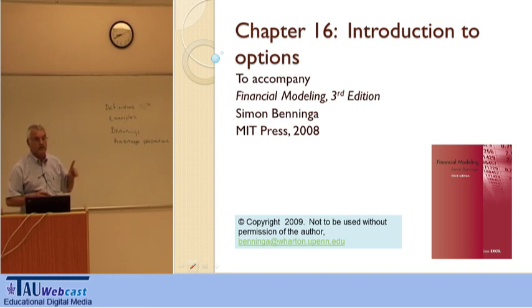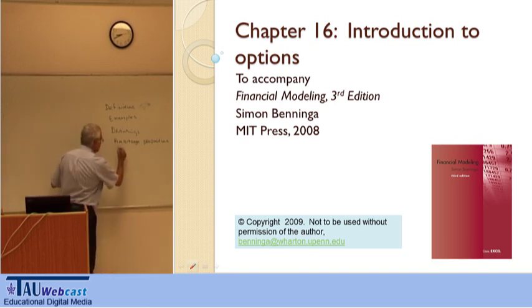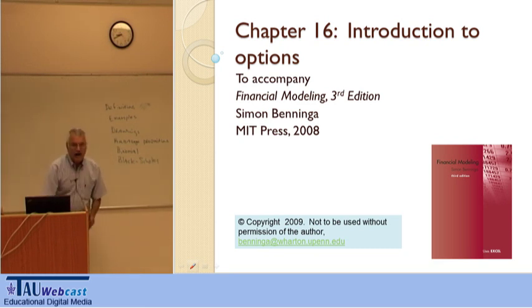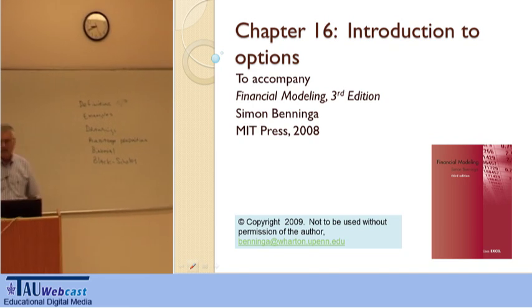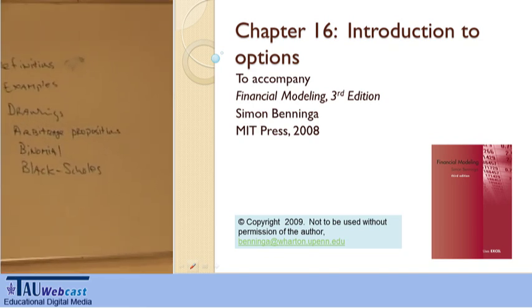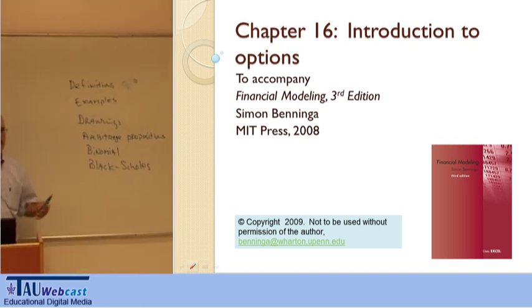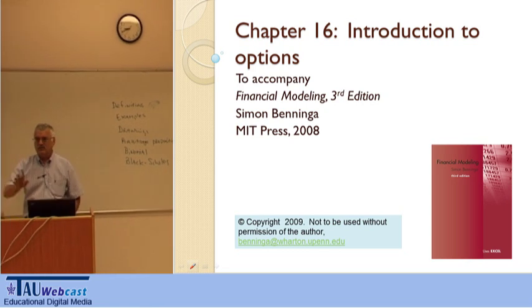Now, in most options courses, the next thing they do is the binomial model. And then they do Black and Scholes. Okay? I reverse the order. The way people teach options is they say, well, you have the binomial model, and if you do this, that, and the other, then it converges to Black-Scholes, and by this time no one is listening.